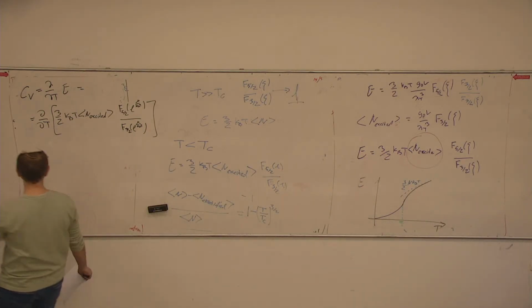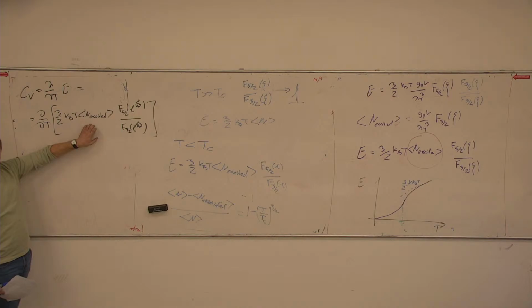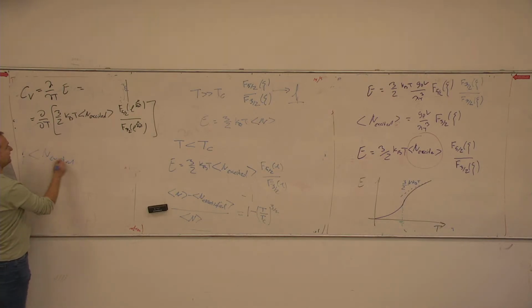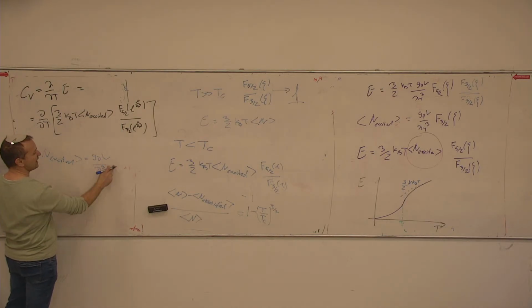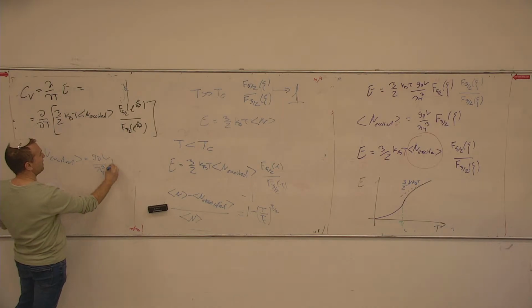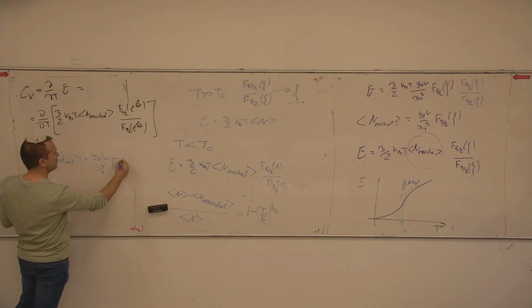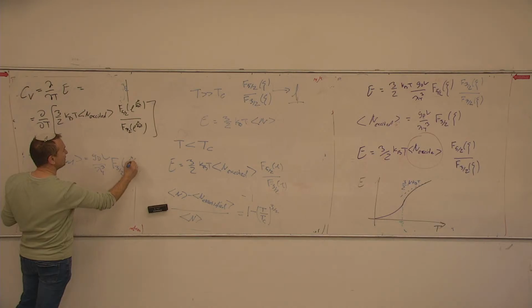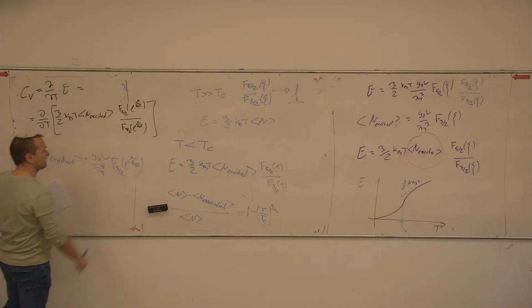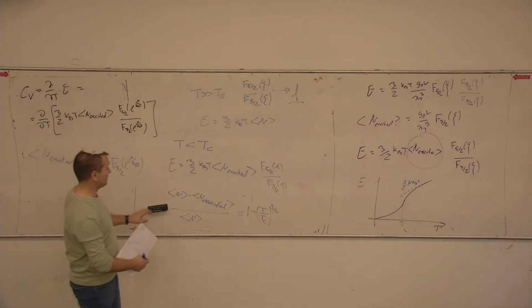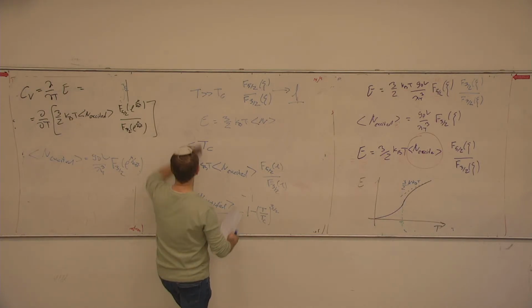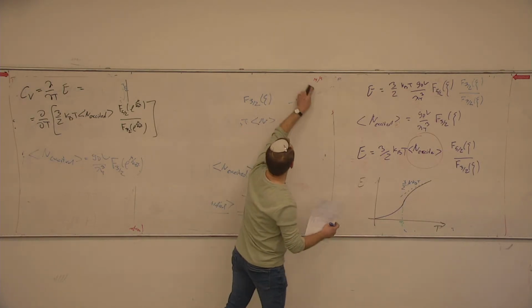Because n excited is g0 V over lambda T to the 3, times what we had, F 3/2 of e to the power mu divided by k Boltzmann T. So you have to take the derivative of this ugly polylogarithmic function, and after you do all of this, you obtain two limits.